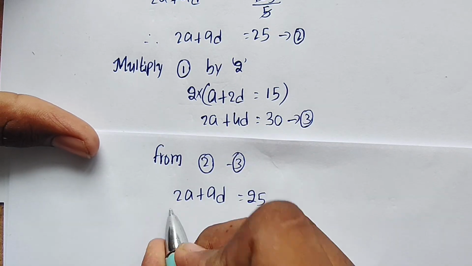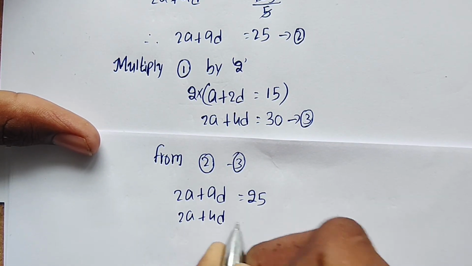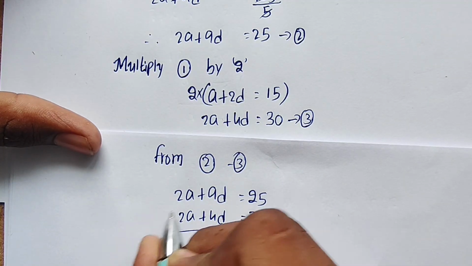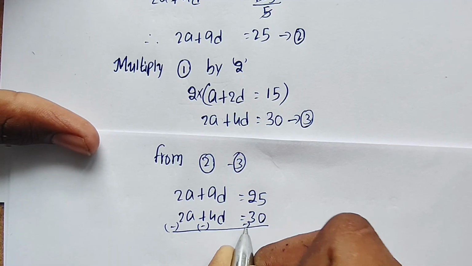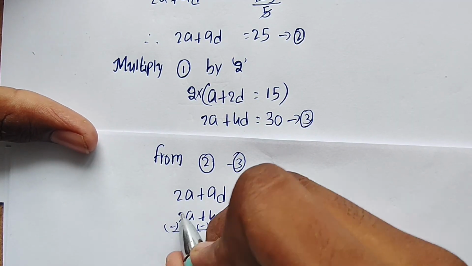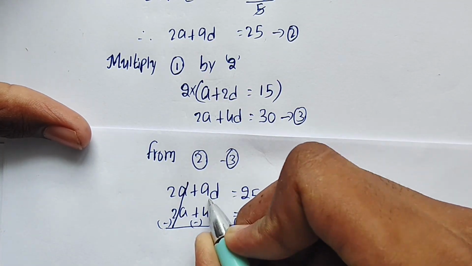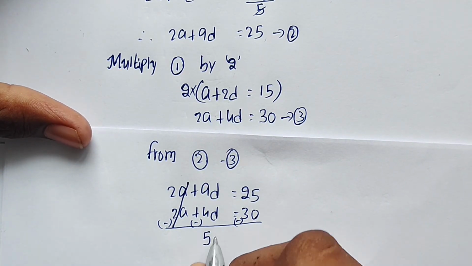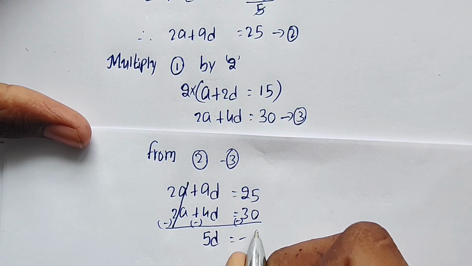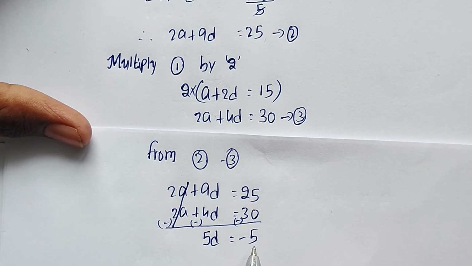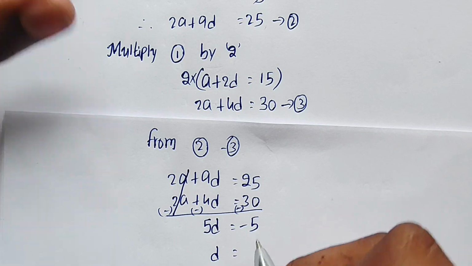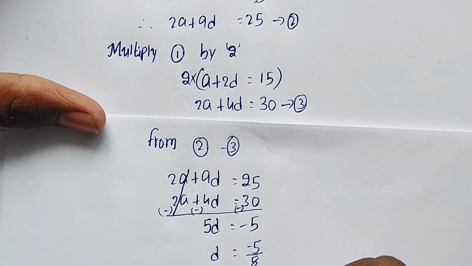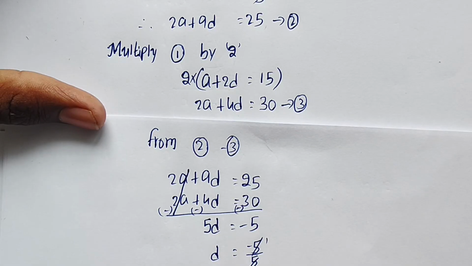And equation 3 is 2a plus 4d equals 30. So what I said here, subtract. So I am keeping the symbols minus. 2a and 2a get cancelled because they have opposite signs. 9d minus 4d means we get 5d equals 25 minus 30, that is minus 5. So we got 5d equals minus 5. If you transpose 5 to the right side, it will divide the minus 5. So minus 5 by 5, therefore we got the value of d equals minus 1.